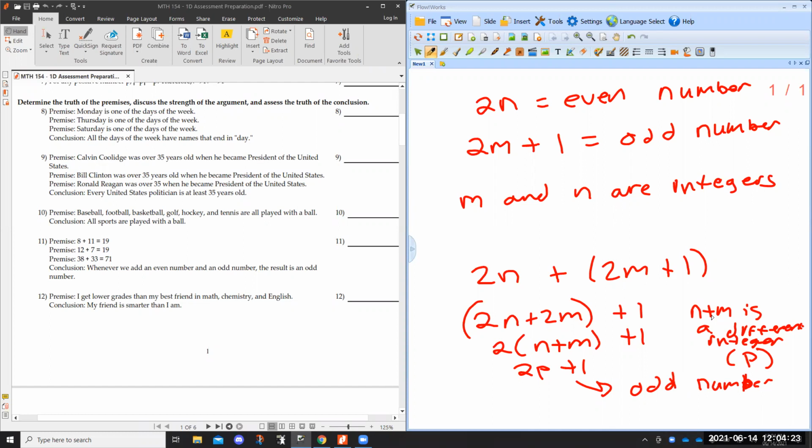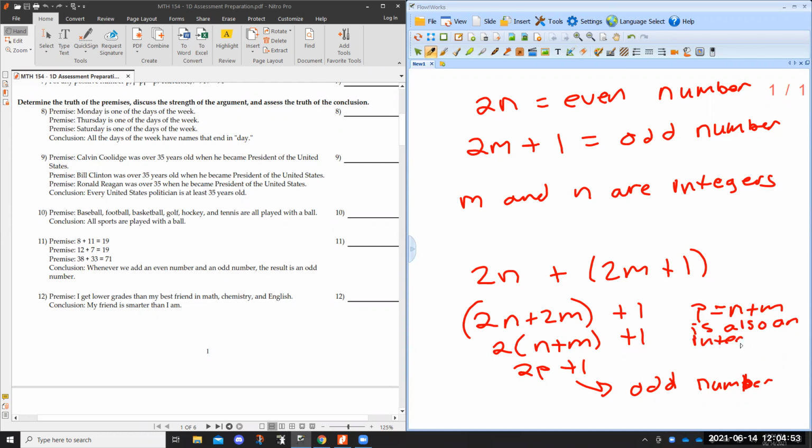Maybe not even a different integer, but let's just say it is another integer. Let's write this in a different way here. p, which equals n plus m, is also an integer.